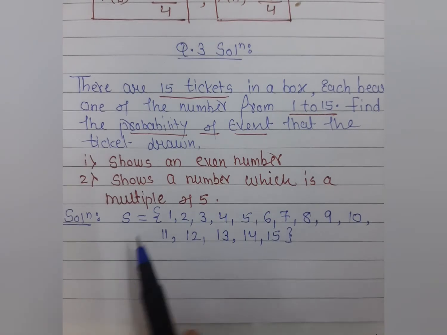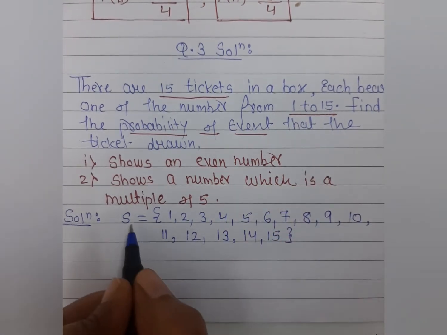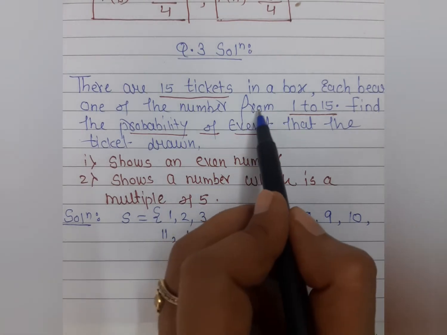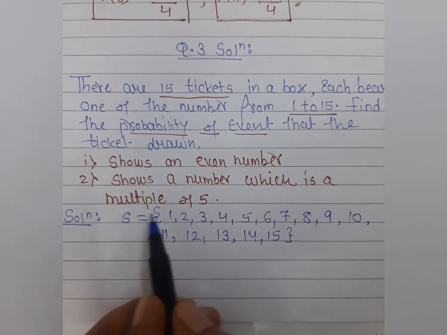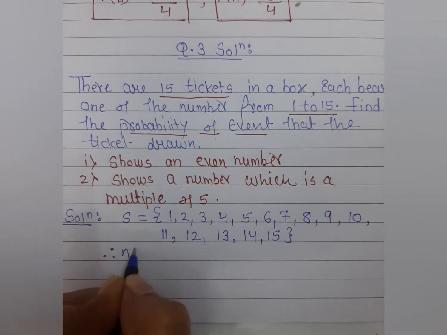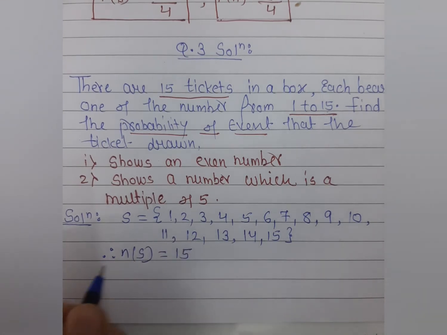Next step is N of S. Here the total number is 15.